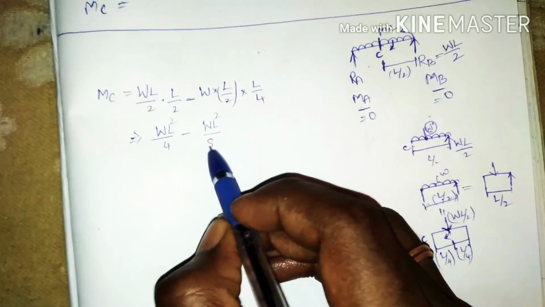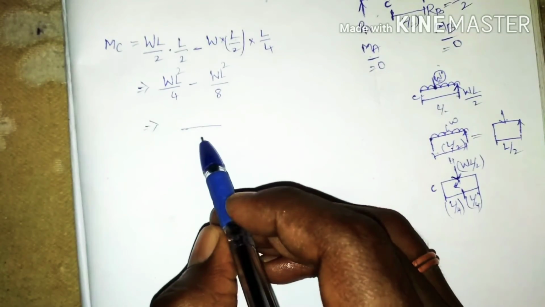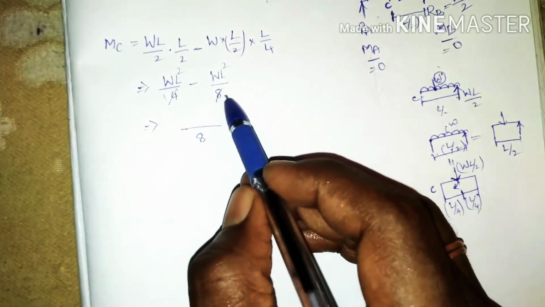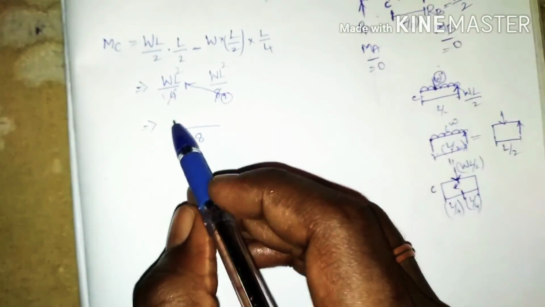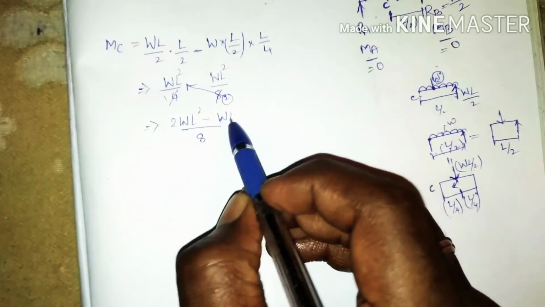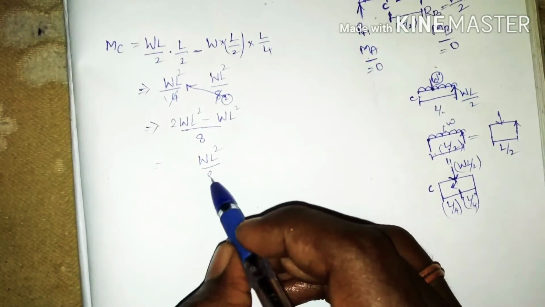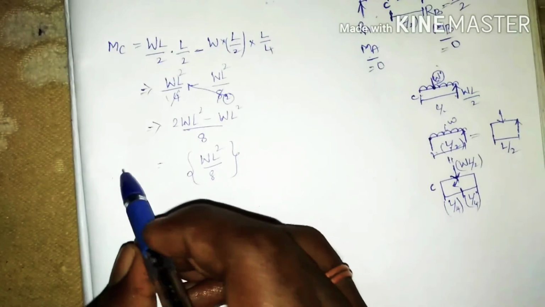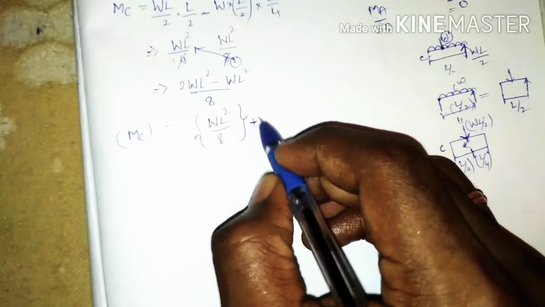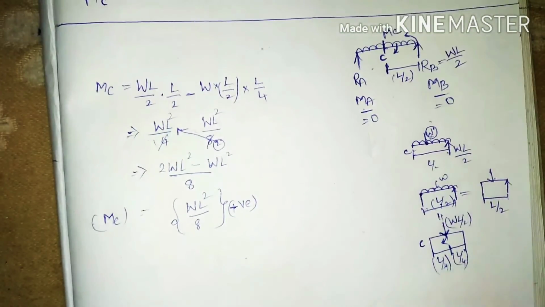If we take the LCM, we have 8 and 4; 4 goes 2 times. 2WL square minus WL square is equal to WL square by 8. This is the moment about C. Here this is the maximum bending moment for the simply supported beam with the UDL.